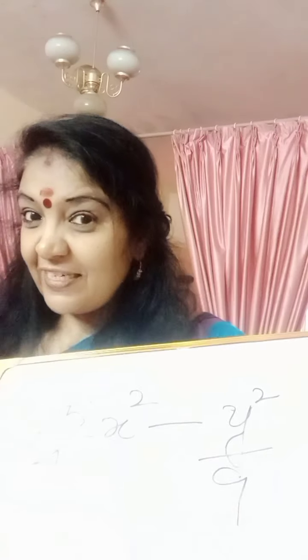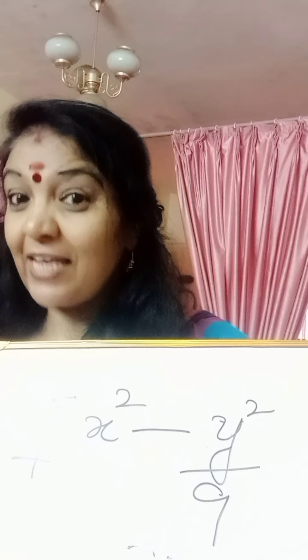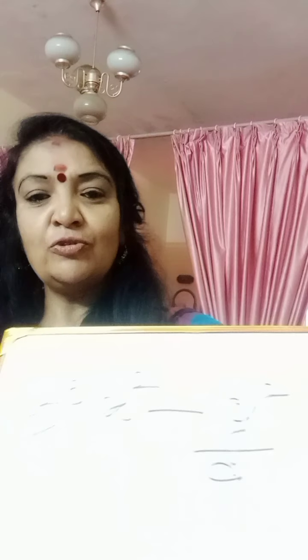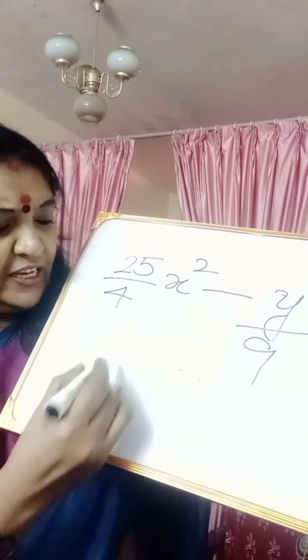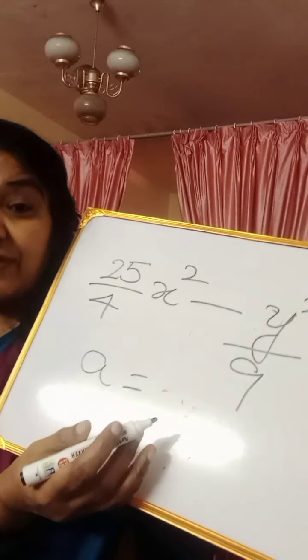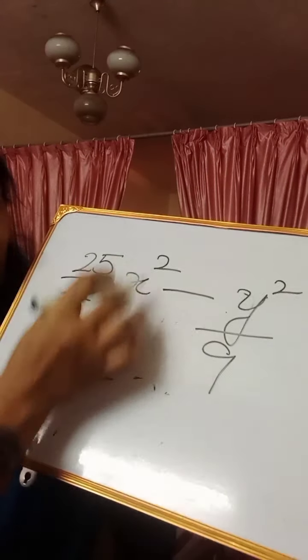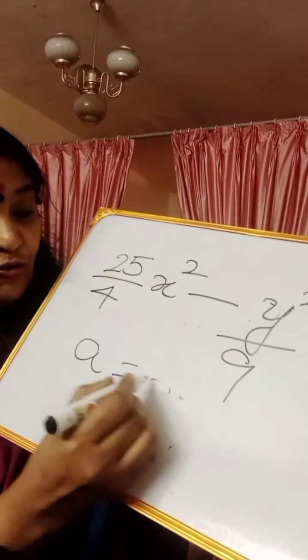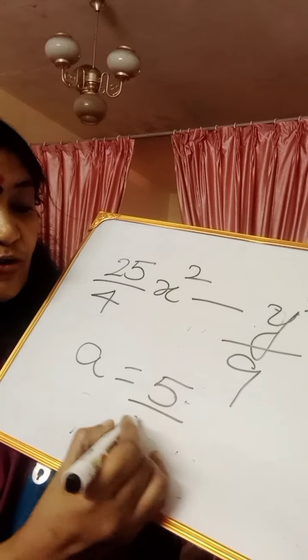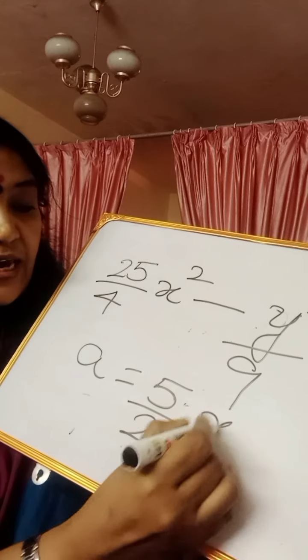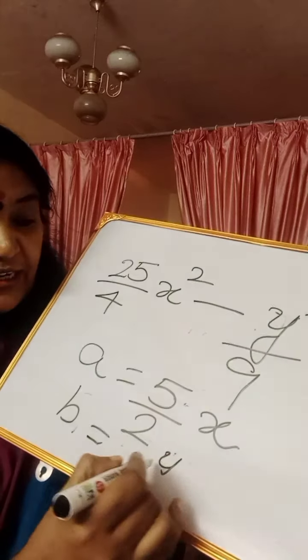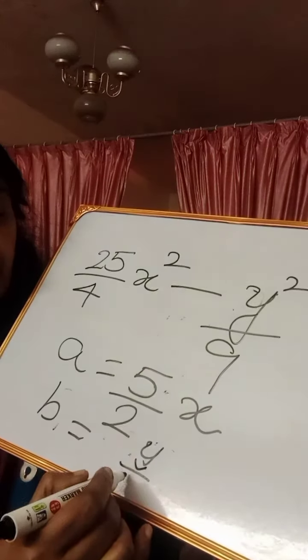You got that identity? Yes. It is the a square minus b square form. It has only two terms, so you just have to find what is a and b. Both are perfect squares. A is the square root of the coefficient and the variable, so both you have to take. The square root of 25 by 4 is 5 by 2, and of x square is x. Similarly, b is the square root of y square by 9, that is y by 3.